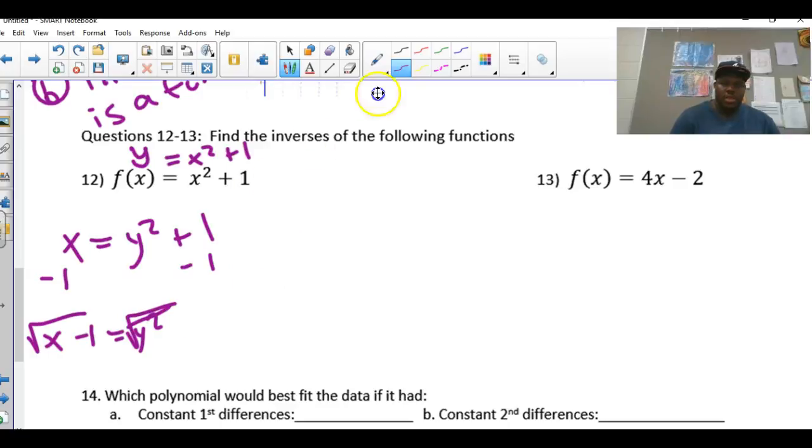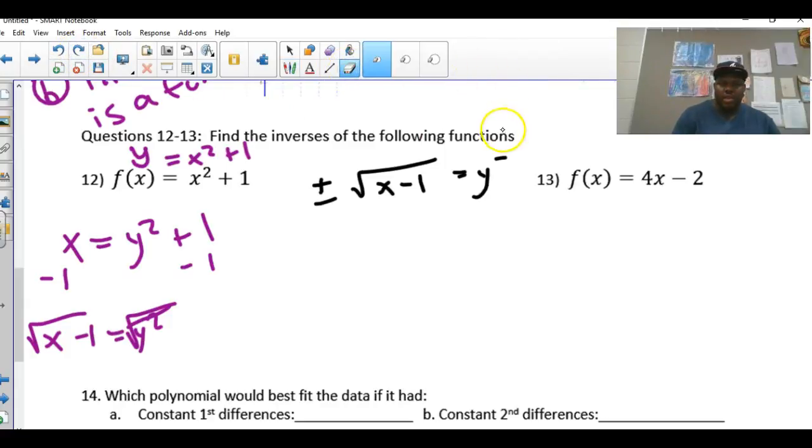Now the one thing that we have forgotten is the plus or minus. When you take the square root on both sides, you have plus or minus. The square root of x minus 1 equals y. That's our inverse right there, y by itself now. So let me backtrack one time.